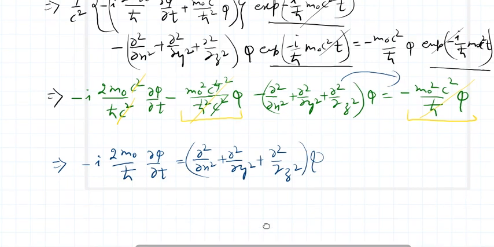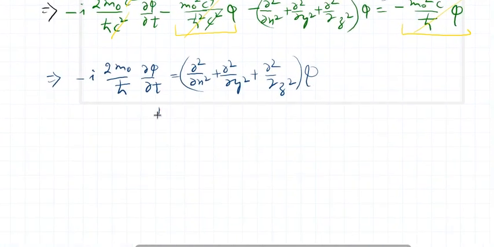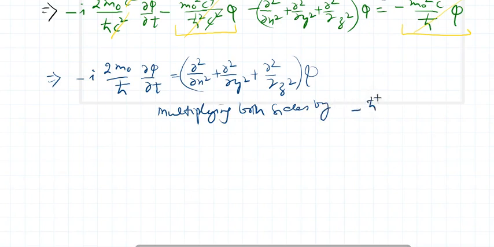Now multiplying both sides by minus ħ² by 2m₀, this negative will cancel out.